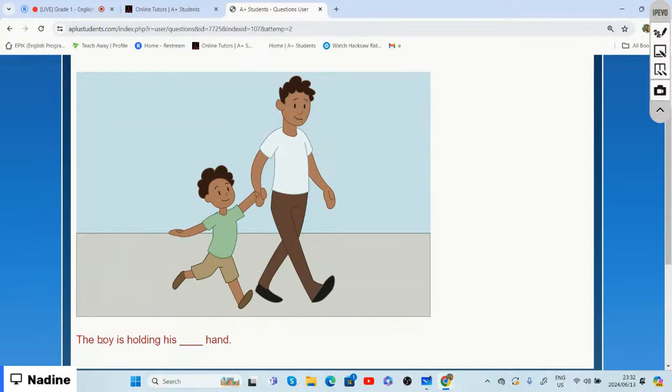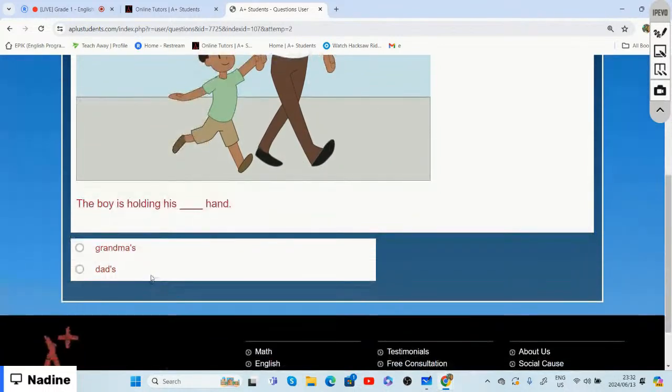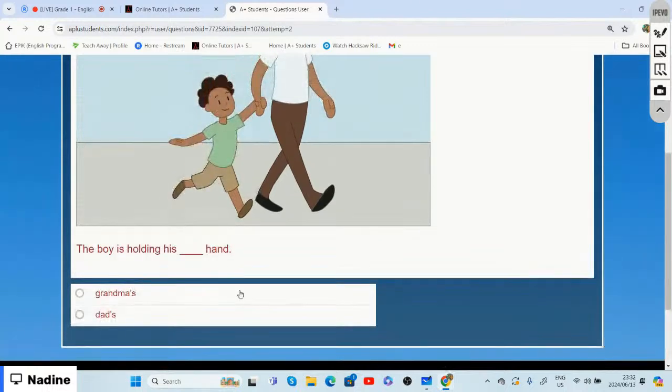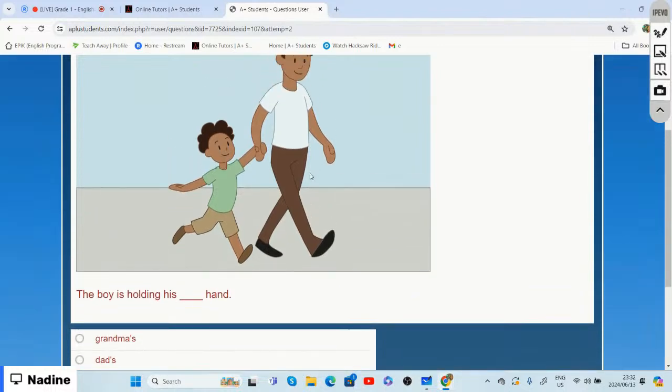It says the boy is holding his. Whose hand is he holding? Is he holding his grandma's hand or his dad's hand? Look at this picture. Whose hand is he holding?